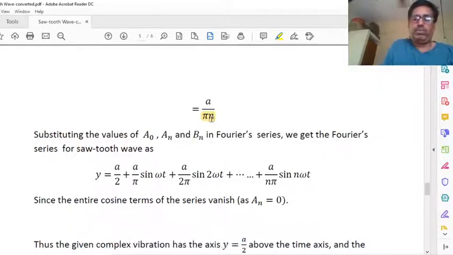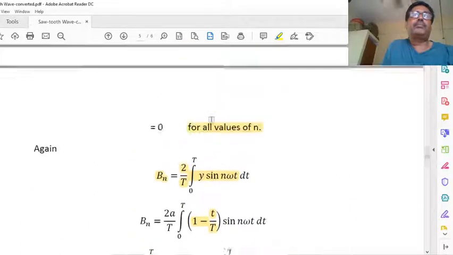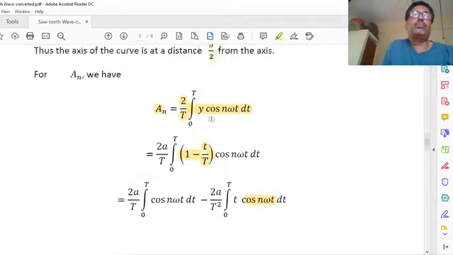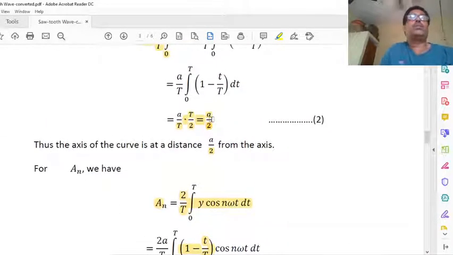Now, I recall, as I told you in the video early on, that to apply Fourier's theorem to any complex vibration, we have to know three things. First, a0, which will give the position of the axis, the ordinate axis.